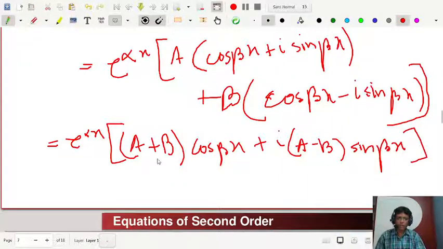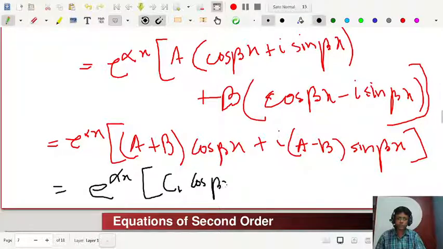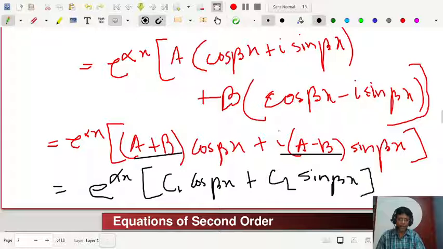Okay, now these are constants, a plus b. You can write it in a more compact form: e to the power alpha x, c1 cos beta x plus c2 sin beta x. So I am writing a plus b as c1 and i into a minus b as c2. This is the form of the general solution of the differential equation in the case where the roots are imaginary or complex.